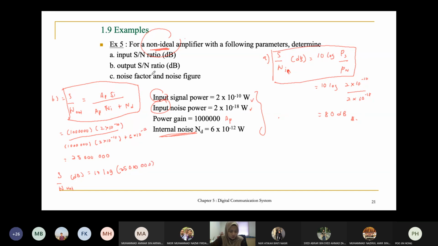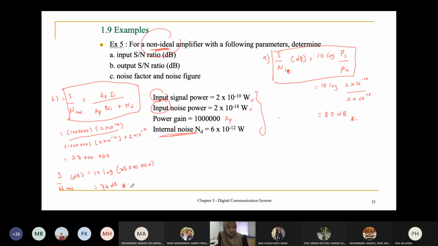Okay, so you will get this one is equals to 74 decibel.